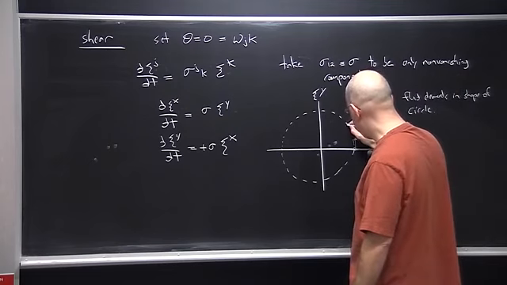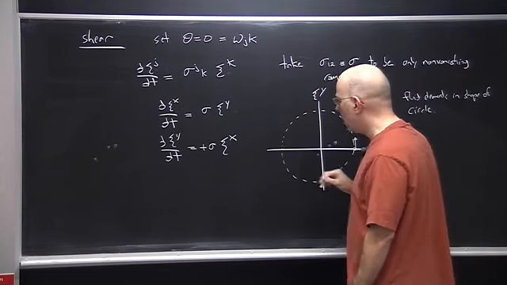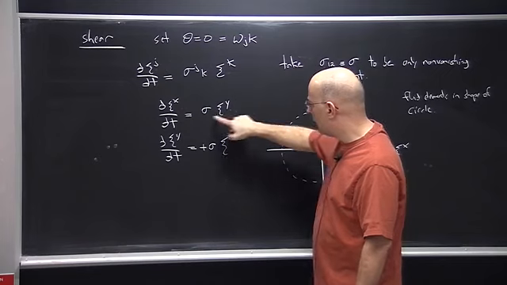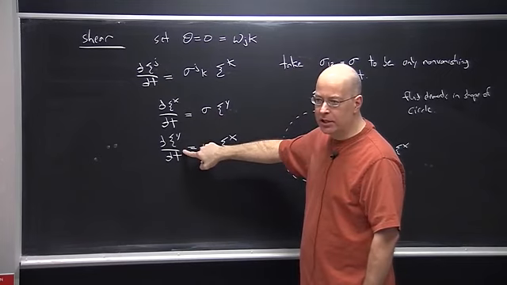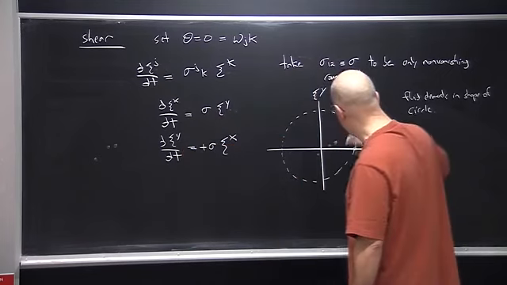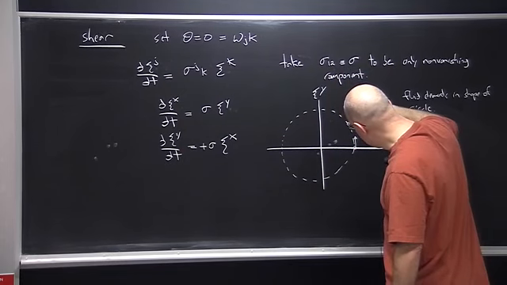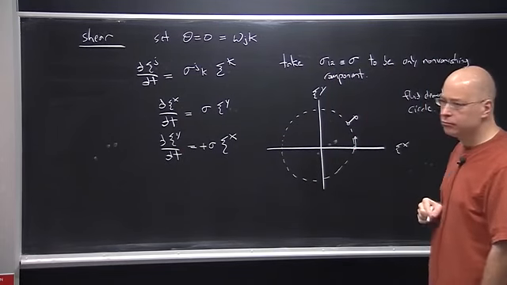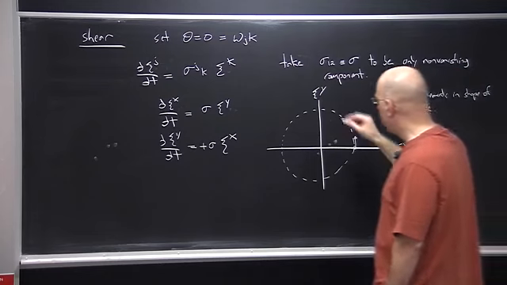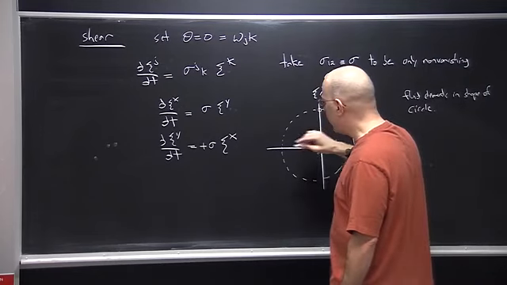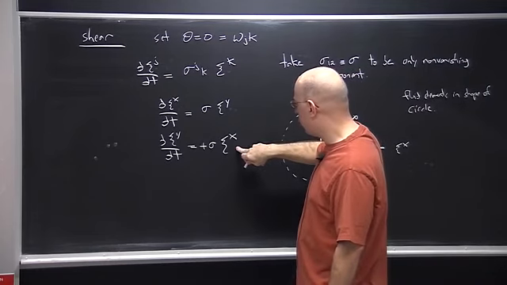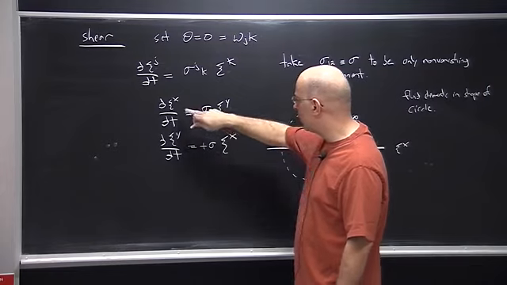If I take a fluid element up here, then these guys are going to be equal, and we're going to generate equal displacements in both x and y. So in that case, the displacement is going to be this way. If we're up here, then there's no displacement along y, but there's going to be a displacement along x.